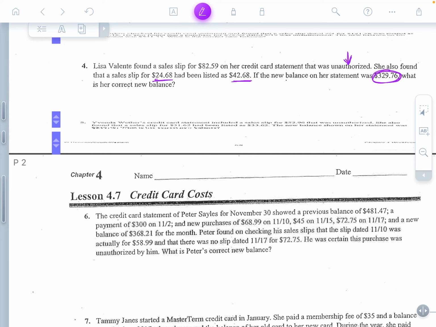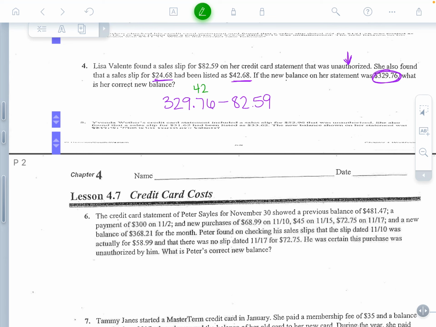So we're going to take that 329.76 and we're going to subtract the unauthorized amount, because she just straight up doesn't have to pay that. Okay, then we have to figure out what the difference is between $24.68 and $42.68. So I'm going to just real quick put that in my calculator.